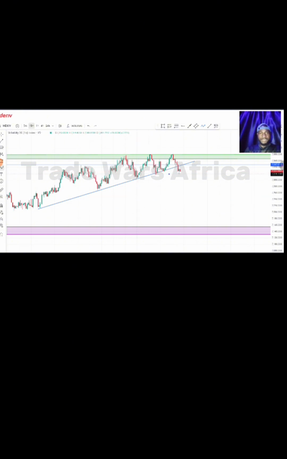It has broken here already, but I don't want to risk it. I need something like this, then like this. So my risk to reward, let me check, is going to be something like this. My stop loss is going to be here, just a little above that level, and my TP, let me mark it properly.